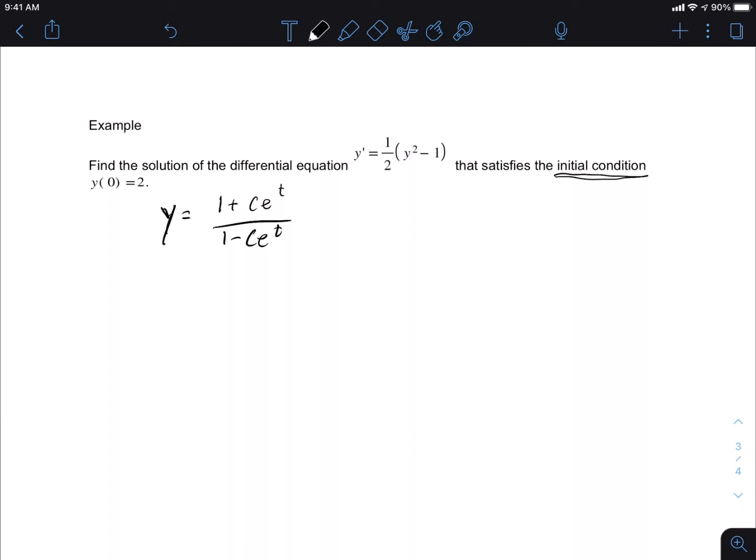With the initial condition that we have, that is this. What's y? Y is 2. What's our x, or what's our t in this case? 0. So we're going to do the hard mathematics of substituting in. Well, what do we know about e to the 0?